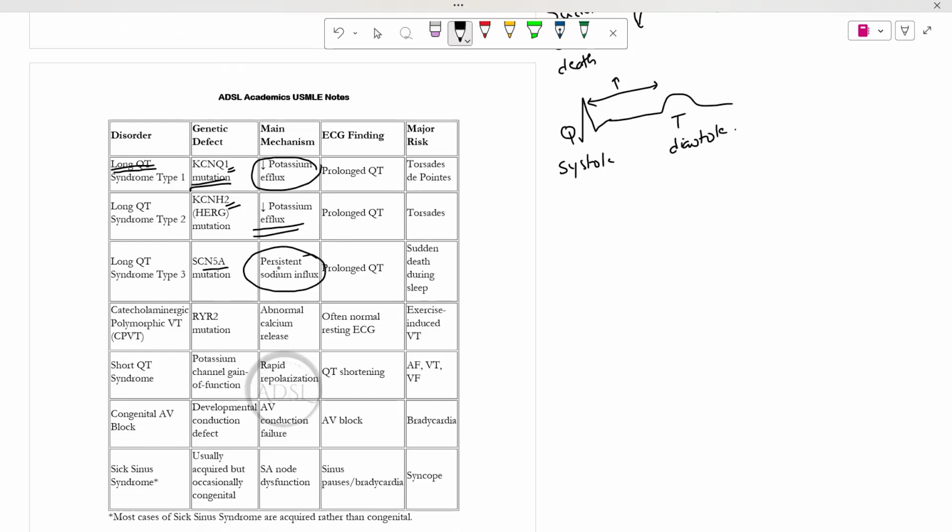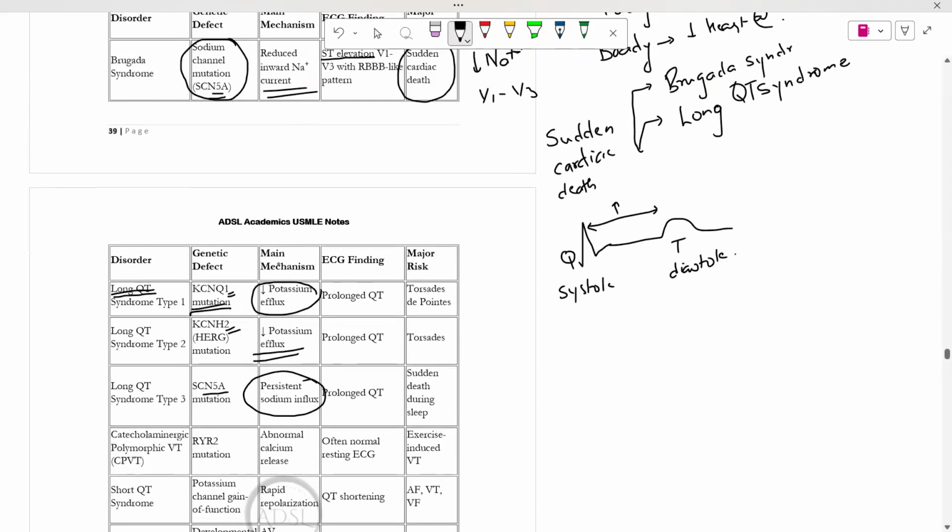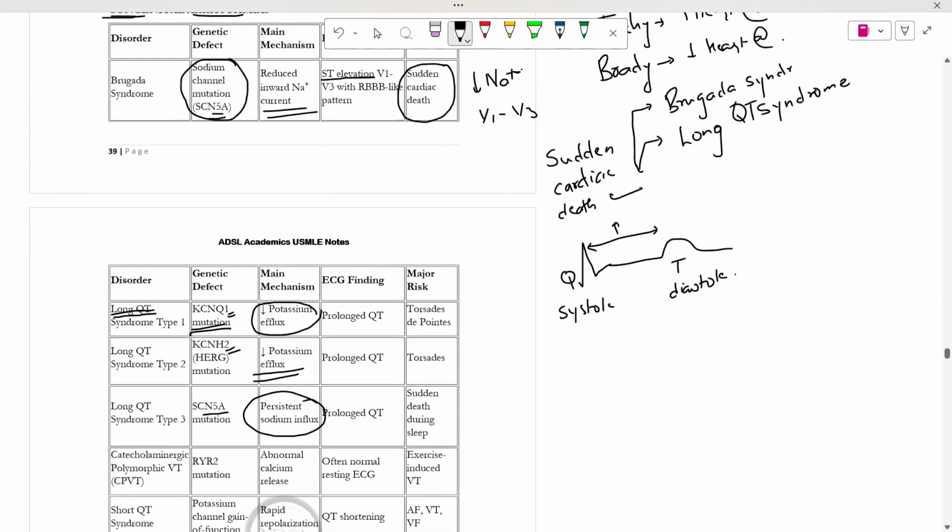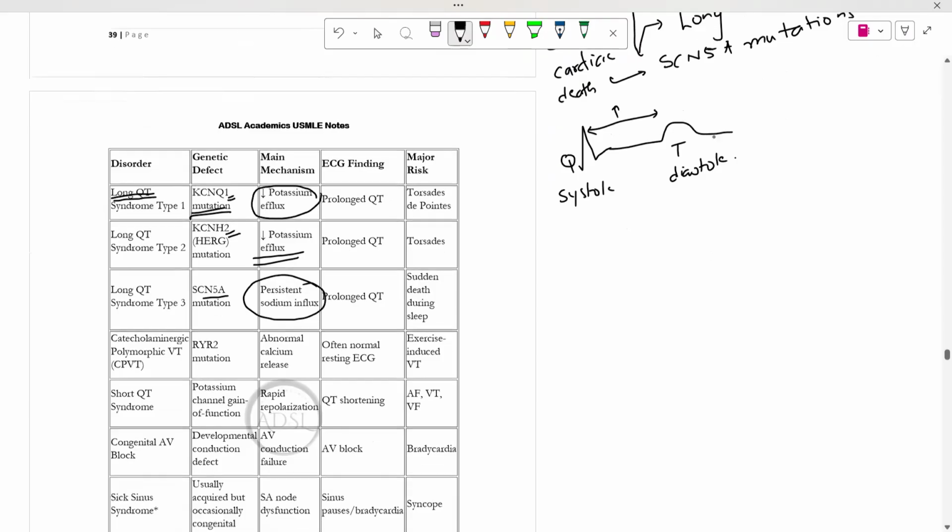Over there the sodium coming inside was decreased, but here it is increased. So sudden cardiac death is associated with the same SCN5A type of mutations in both long QT type 3 as well as Brugada's syndrome.